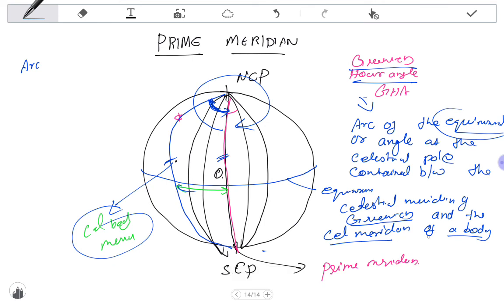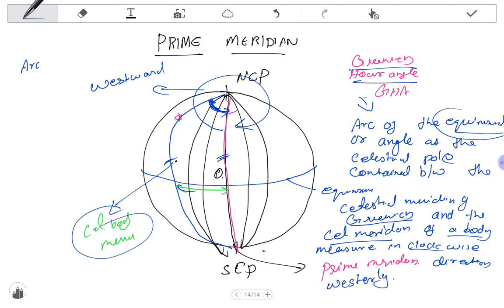And this is measured in a clockwise direction, which is normally called westerly, or westward. So when we say clockwise, it is better to say measured westerly.